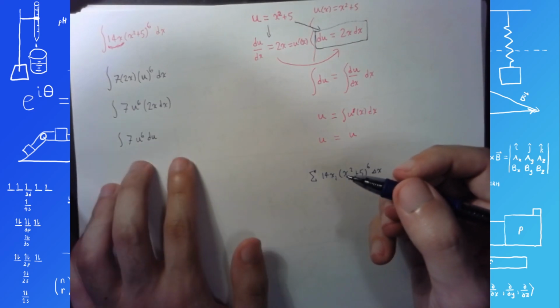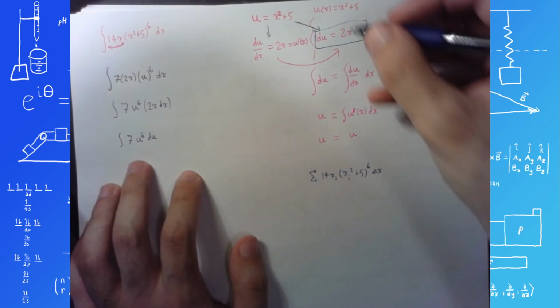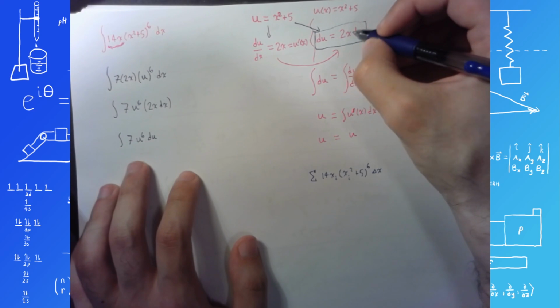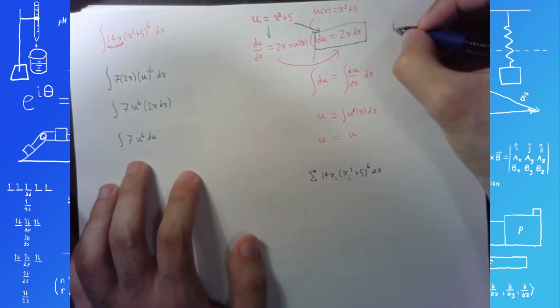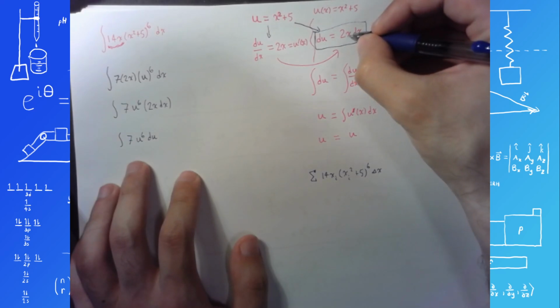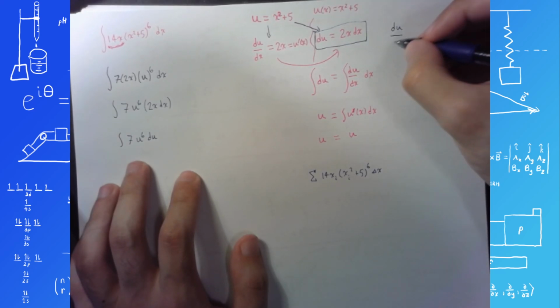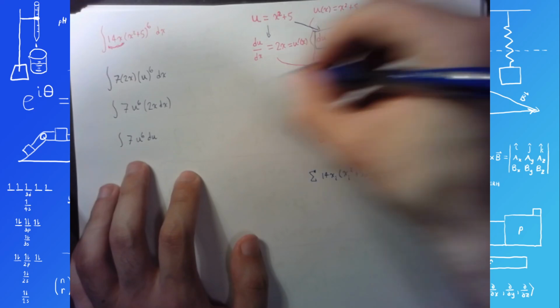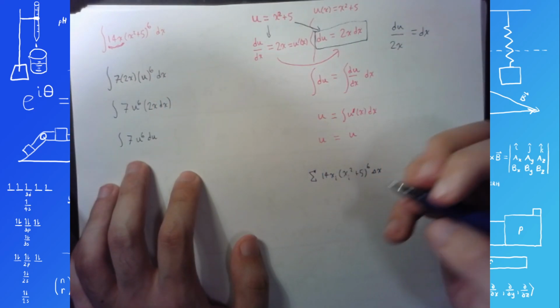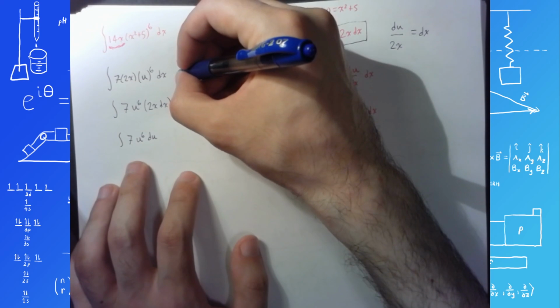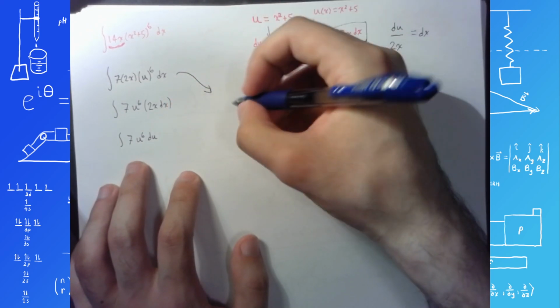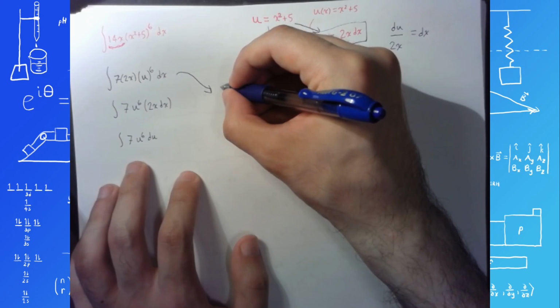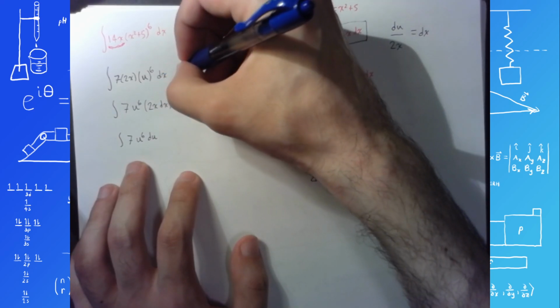Another way you could have gotten here, by the way, is you could take this du equals 2x dx, and divide by 2x and do du over 2x equals dx, and then you could plug this in for dx. So you could do an alternative route. Actually, no, not from here.